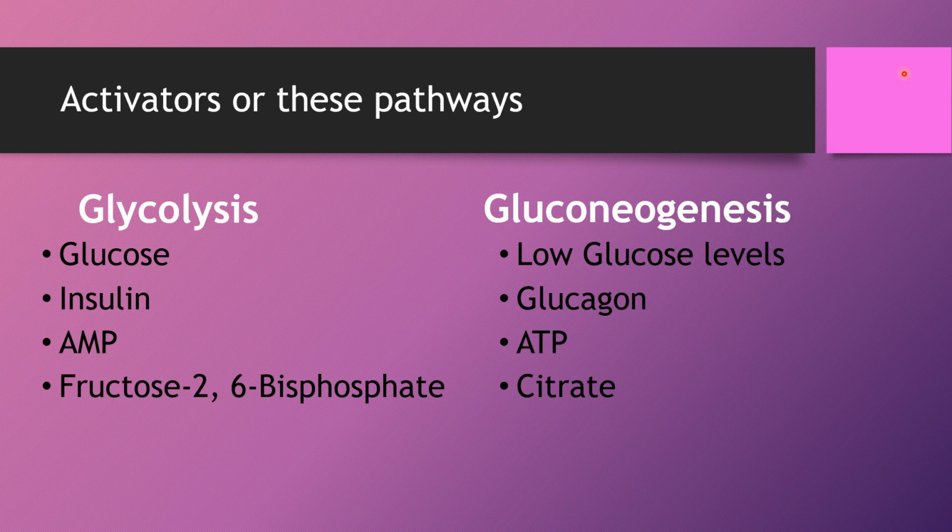And then ATP, it can be used to move up that gluconeogenesis pathway in the event that the body needs more glucose because the ATP is in larger quantities. So if there's high quantities of ATP, it can use those storages to convert back to pyruvate and then move up the gluconeogenesis ladder. And then citrate.